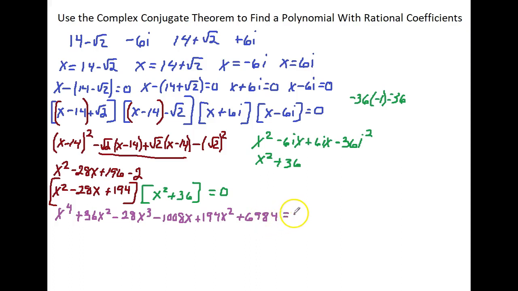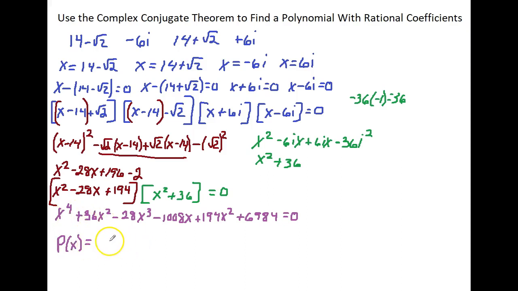And this equals 0. Now, all we have to do is combine our like terms and have this equal to p of x, or if we want to use y. Since we have a polynomial in x, we are going to say p of x equals.